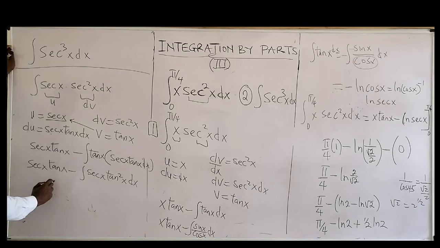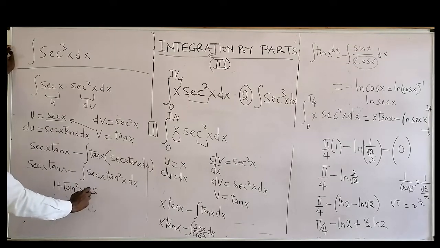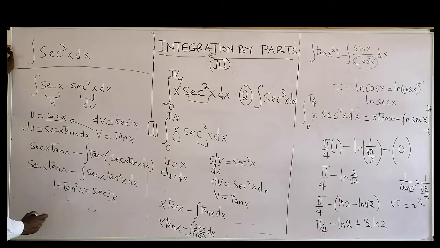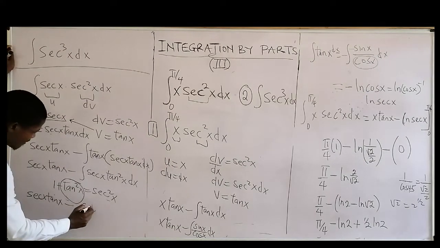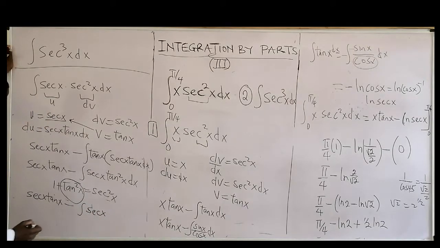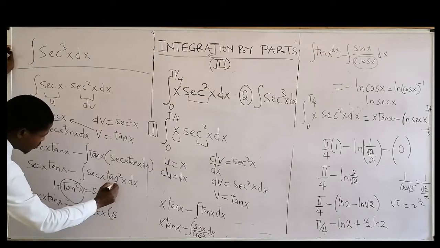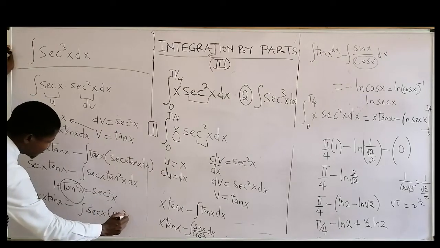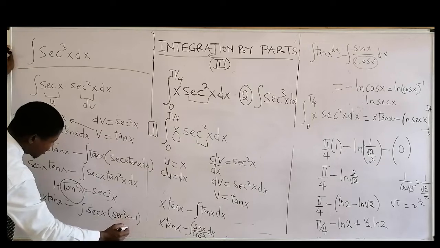And from this identity, 1 plus tan square x is equal to sec square x, so you can make tan square x the subject. So you now have sec x tan x minus integral of sec x, into brackets, tan square x, which is sec square x minus 1, dx.